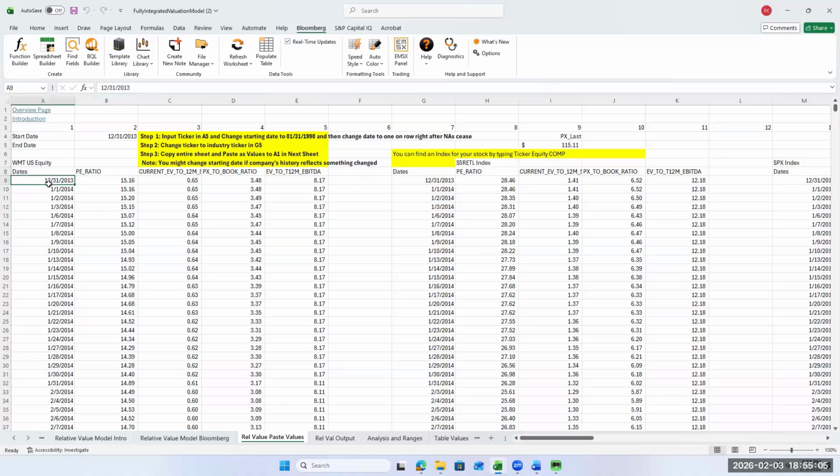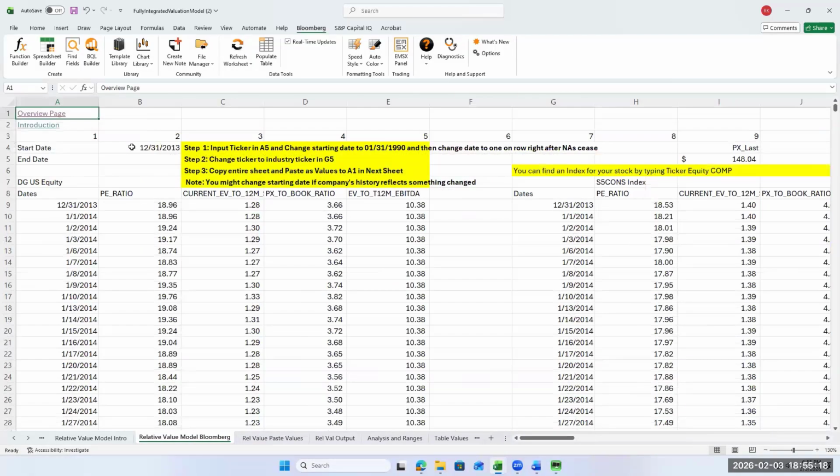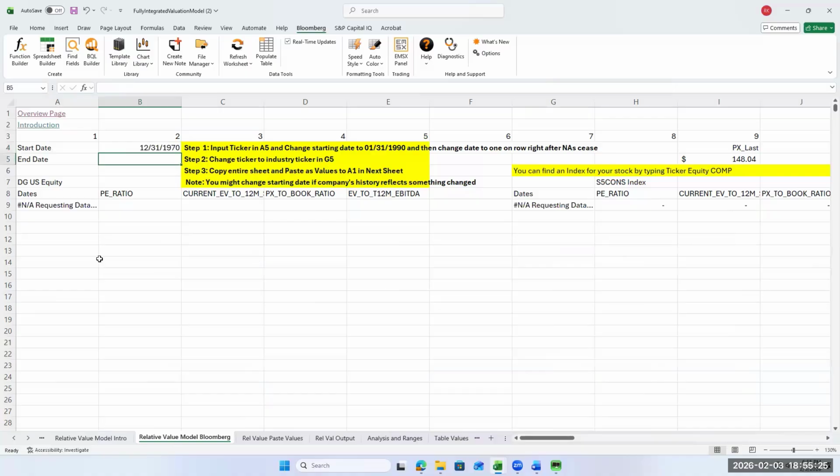Brings that in. You can change the start date to another start date. So if you want to try 12/31/1970, I'm sorry, it's this model here. You want to try 12/31/1970 and just see if it has data.